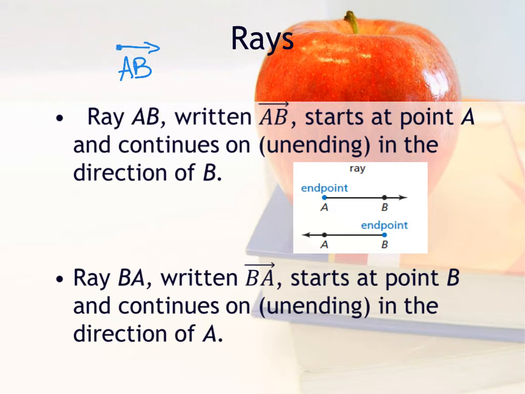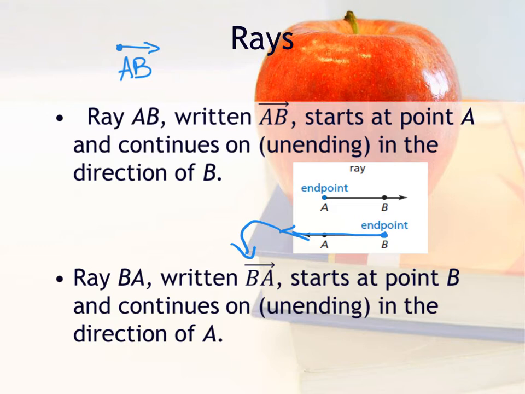This is the endpoint, and where the arrow is, it's unending. So it starts at point A, and it continues on unending in the direction of B. Now here, this one's starting at B, and it's going in the direction of A. So notice this one is written as B first and then the A.